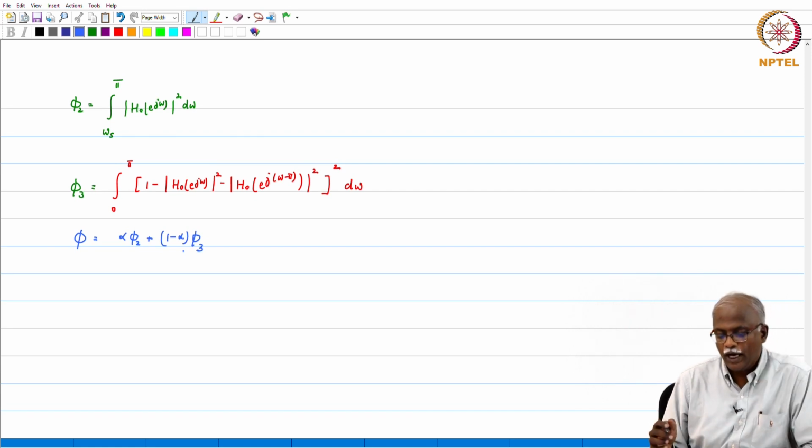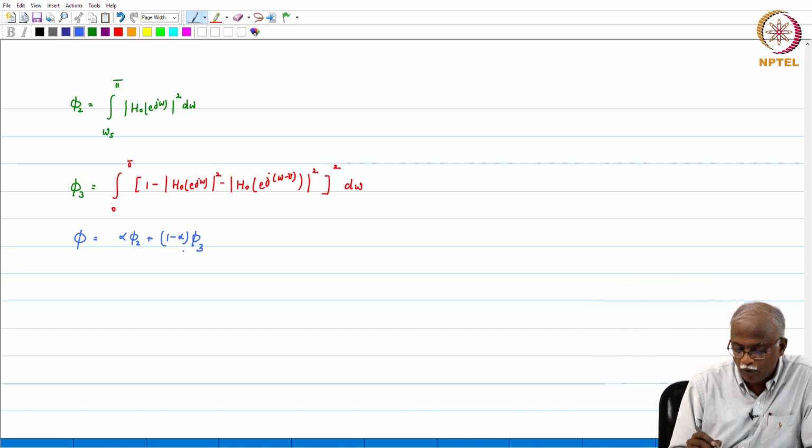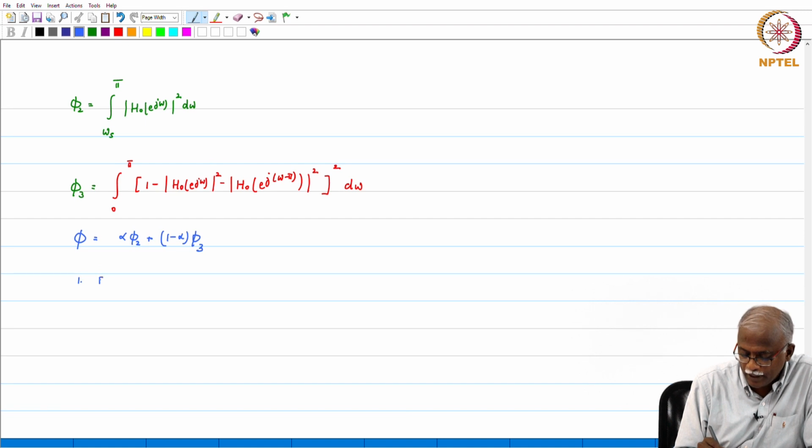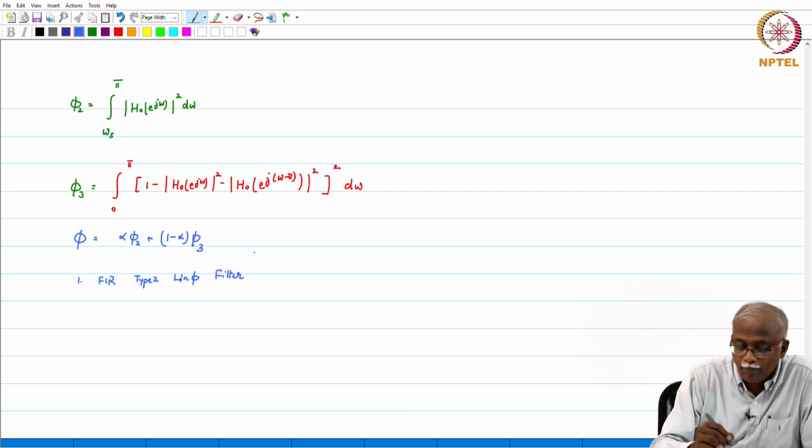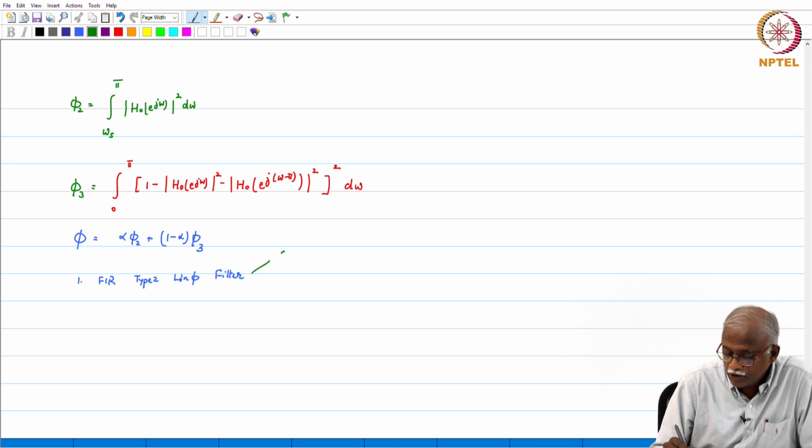So therefore, what are we doing? We have designed a FIR type 2 linear phase filter, type 2 linear phase filter, with both the stop band constraint phi 2, and so this would be the stop band constraint, and we also have the flatness constraint.